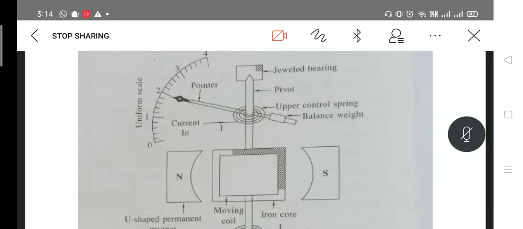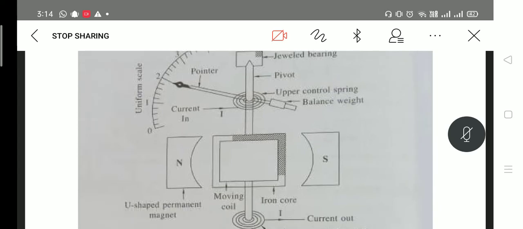We discussed the electrodynamometer type for power measurement. We have different types of measurements: single phase wattmeter, two wattmeter and three wattmeter methods. Like that, different types of methods are there in the measurement of power. We can discuss in the third unit. Second unit is clear. We will go to the third unit.